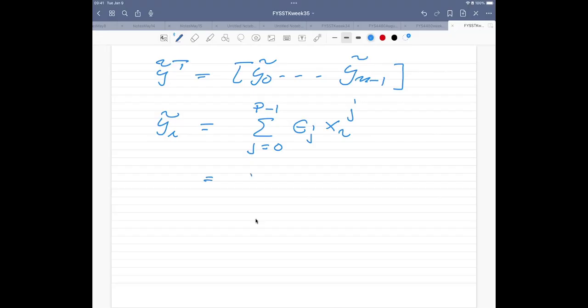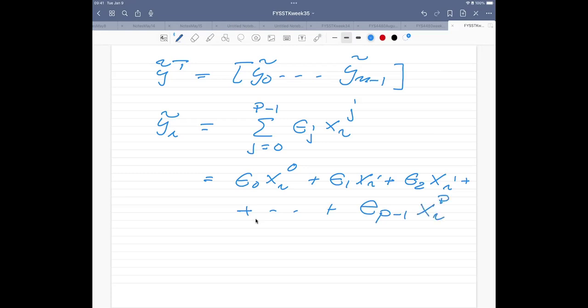So that means that we have theta 0 times x of i to the power of 0, which is 1, plus theta 1 of x of i, plus theta 2 of x of i squared. And this continues all the way up to theta p minus 1 times x of i to the power of p minus 1. So this is our model.